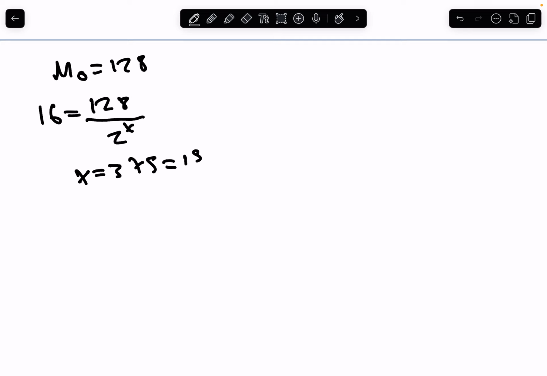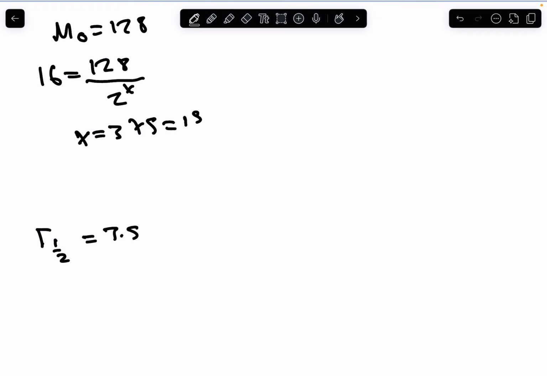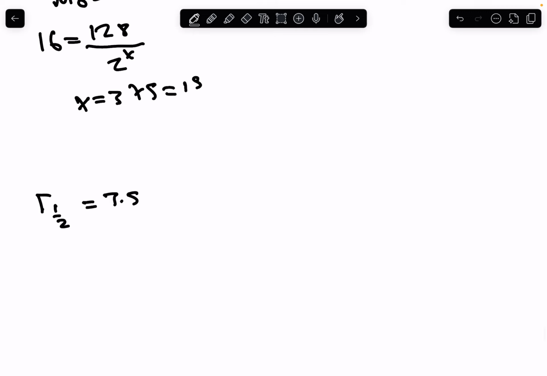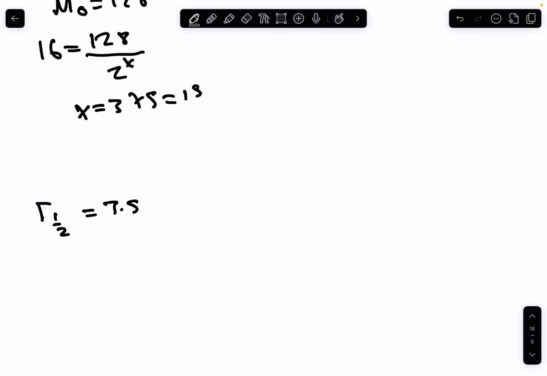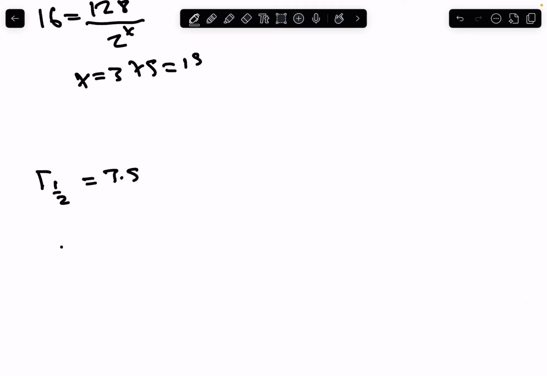Let's leave this question for later. Okay, a sample contains a radioactive substance with a half-life of 3.5 days, so T half equals 3.5. After 2 weeks, what fraction of the radioactive substance has decayed? 2 weeks is 4 half-lives. So 4 half-lives have occurred, so let the original number be n.